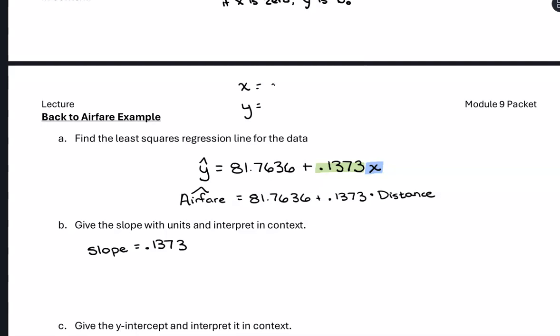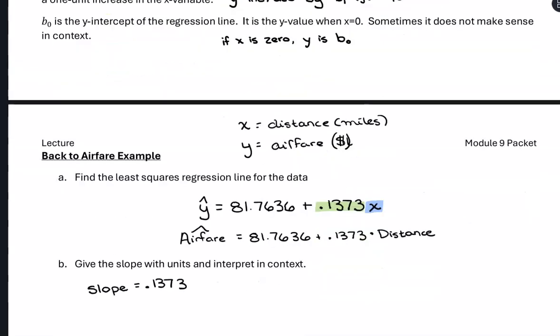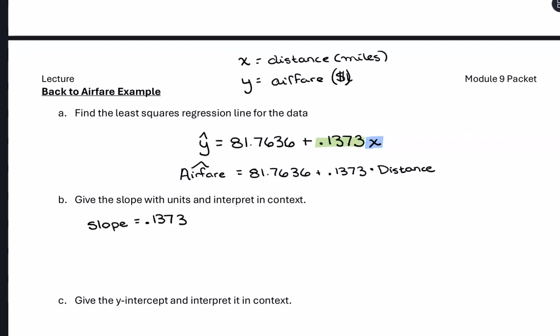X is distance, and the units for x is miles, and then y is airfare, and the units for that is dollars. So if I think of it as y units per x units, that's like saying dollars per mile. So my slope would have these units of dollars per mile.